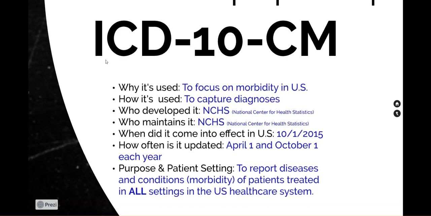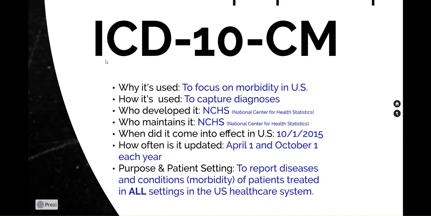ICD-10-CM, why is it used? ICD-10-CM is used to focus on morbidity in the US. And we need to remember that term, morbidity. We're talking about disease. So we're coding conditions and illnesses using the ICD-10-CM, and this is being reported.